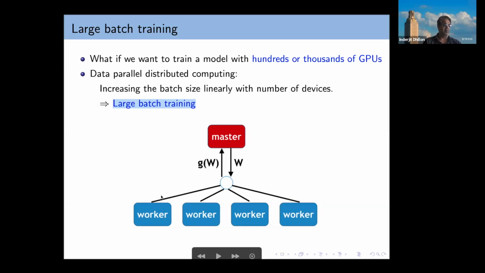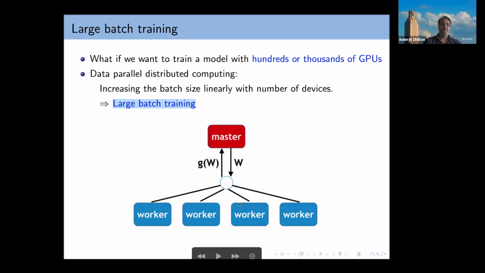So of course, like I said, with modern training, here we have depicted this master-slave relationship where there's data parallelism. GW from each worker is sent to the master, it's aggregated, W is updated, and W is sent back.